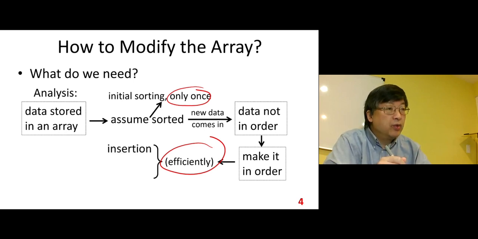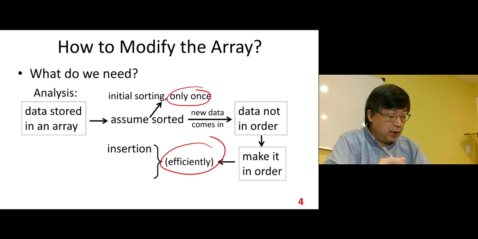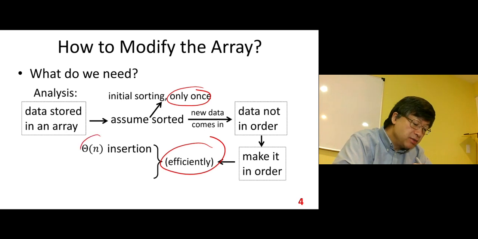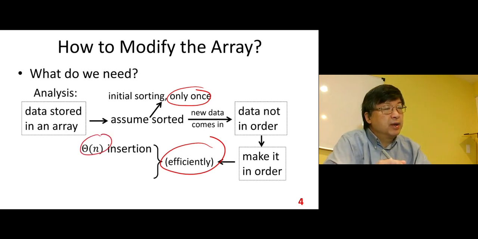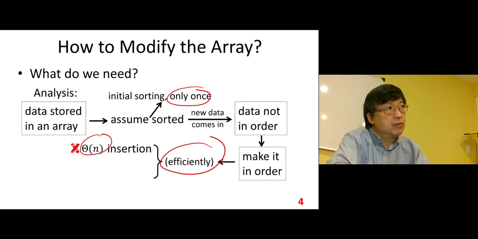Typically, we use the insertion operation to recover the ordering structure, but that costs too much. We talked about that before. We don't want this bad performance, so we try to find something better.